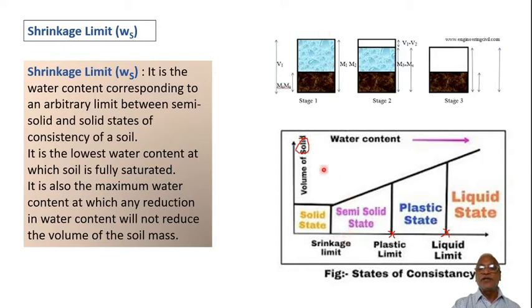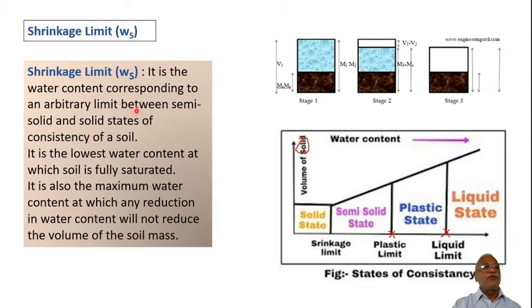It has reached this particular point. This figure corresponds to a point there. When water evaporates, the volume is not decreasing. And when you come to this particular point, all the water is vanished, but the volume is still remaining the same. So that is what is indicated in stage 3, right?